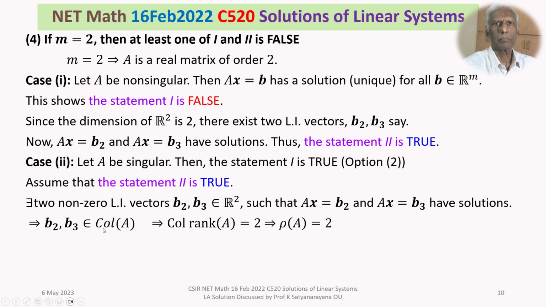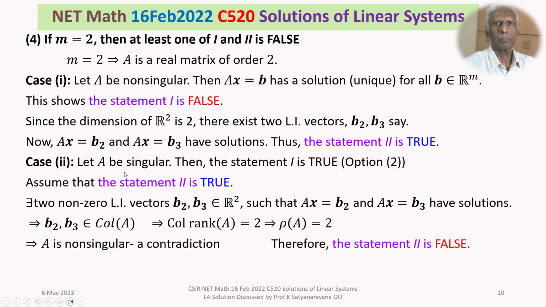This means b2, b3 belong to the column space of A. Agreed? And they are linearly independent. Therefore the column rank of A is equal to 2, because we are in the case m is equal to 2. That means rank of A is equal to 2. The rank of A being 2 means A is non-singular, which is a contradiction because in case 2 we are dealing with A singular. This contradiction shows that statement 2 is false.